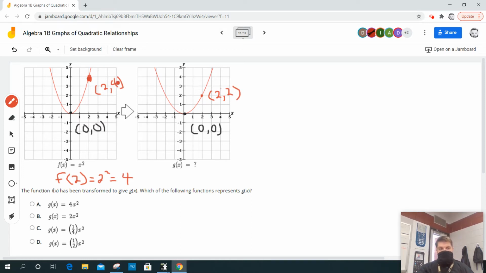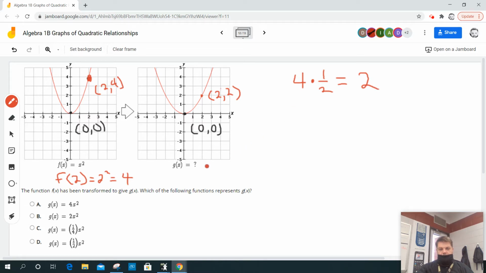So what is the change between 4 and 2? Well, it looks like if I take 4 and I multiply it by 1/2, won't I get 2?